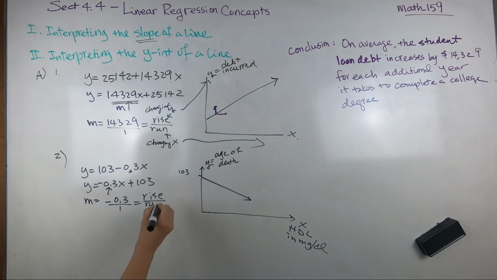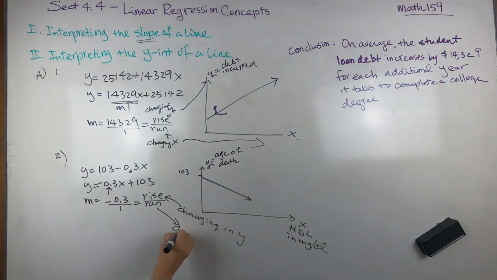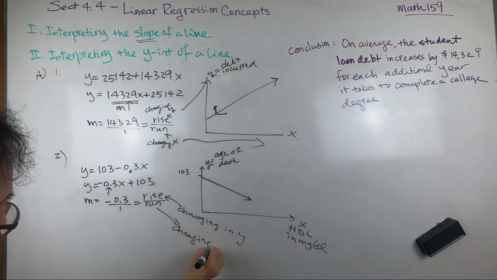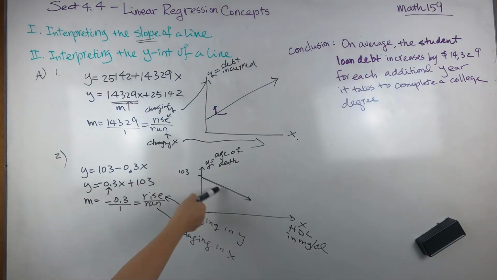Rise is the change in y, and run is the change in x. That means X, the cholesterol level, is 1 mg per dL, 1 milligram per deciliter. The more it has, the more Y will drop. We drop 0.3, and Y is in years.